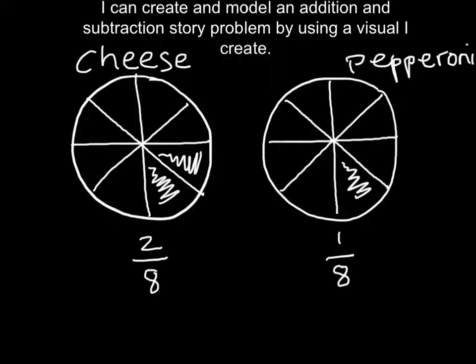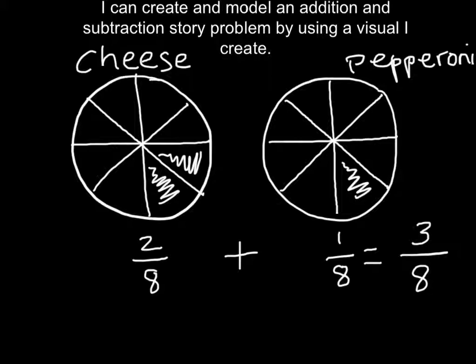If I wanted to create an addition problem, like how many pieces of pizza did I eat altogether, I would take my 2/8 and add it to my 1/8. So I had 2 pieces of cheese pizza and 1 piece of pepperoni, which makes a total of 3 pieces out of 8.